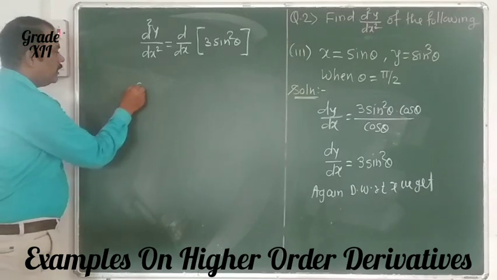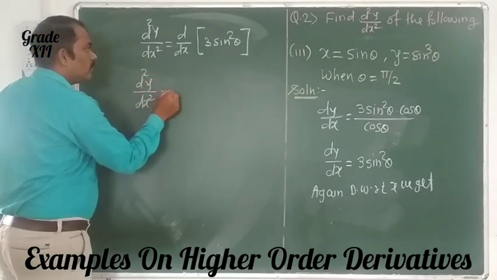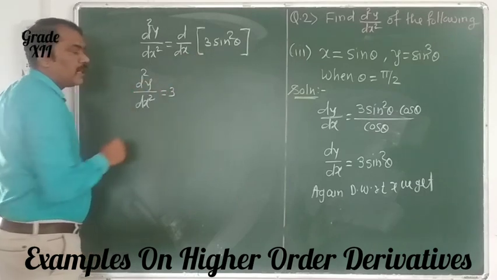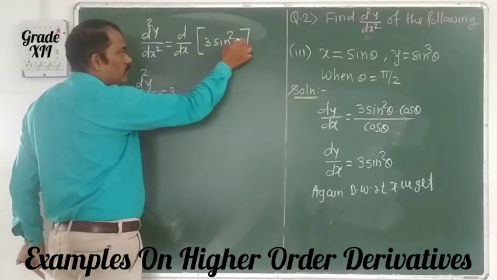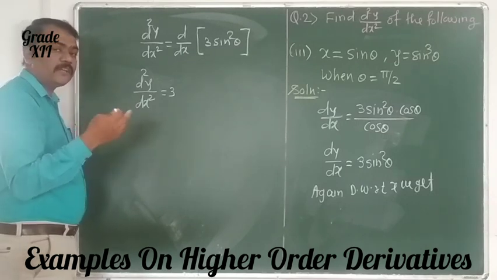The 3 is a constant, so we take it outside. Here we have to differentiate sin square theta with respect to x.